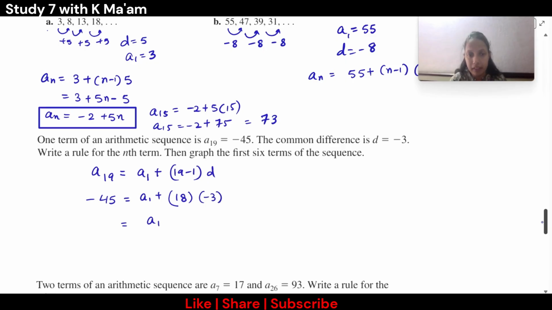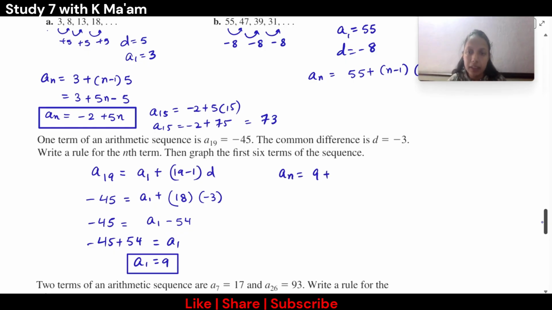We can simplify. 18 threes are 54, so negative 54. We can add 54 on both sides. You will get 9. So the first term is 9. a1 is the first term and it's 9. Then it says write the nth rule. The nth rule will be 9 plus n minus 1 times d. 9 minus 3n plus 3. 12 minus 3n is the general term we get here.